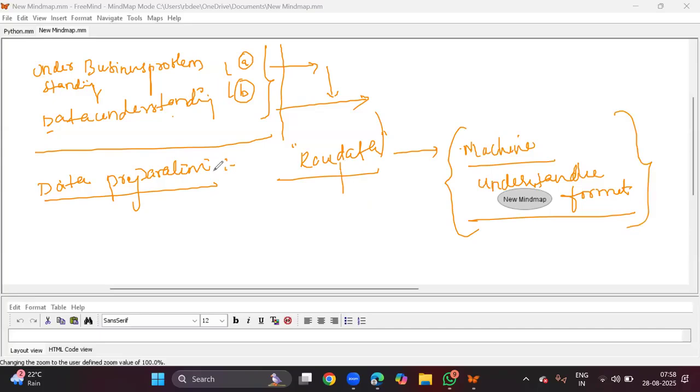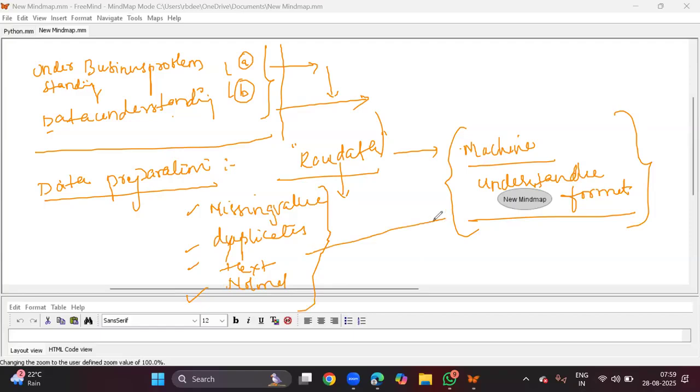So what preparation will we do? We will check whether you have missing values in the data, whether anything is missing. We will look at the duplicates. We check whether anything has to be deleted or not. We check whether there is any text data. Or we check whether the data is normal or not. These are the checks we do and we prepare the data.